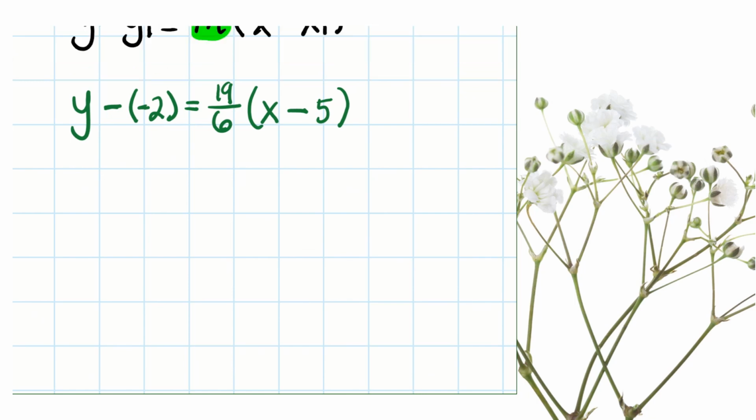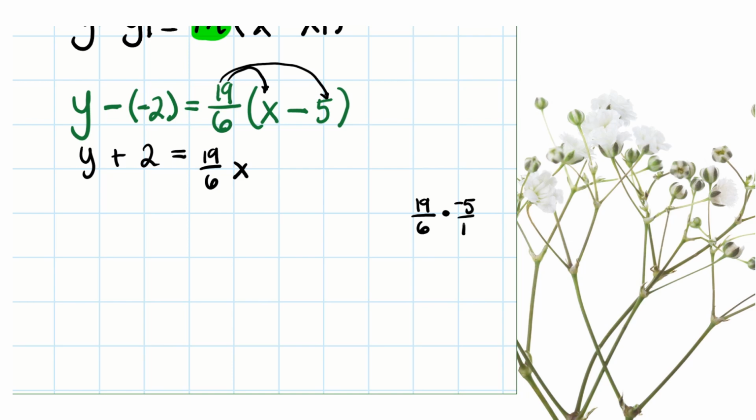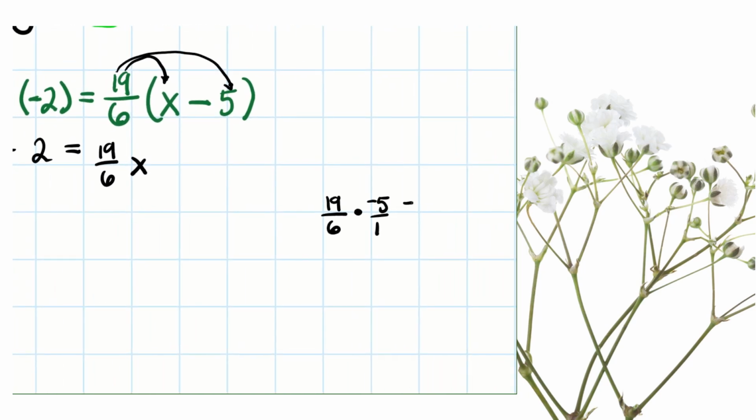So if the problem just asks us to make an equation, then we would stop here, but we're going to rewrite it in slope intercept form. That double negative becomes positive. We're going to distribute our slope to the inside of the parentheses. And then we're going to do some side work when we multiply 19/6 to 5, to -5.